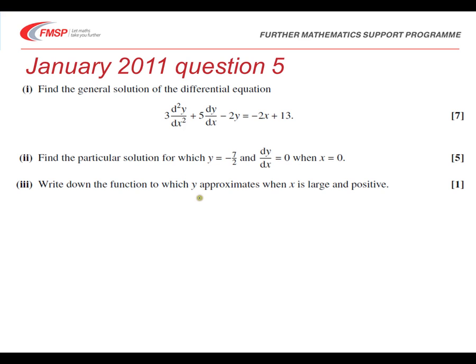So let's start off then by saying we're going to find our complementary function by solving when this is equal to 0, and we're going to start with an auxiliary equation in part 1 here. So I'm going to start by solving the auxiliary equation, which is the equivalent quadratic equation to this differential equation, which is 3 lots of the squared term, 3 lambda squared, plus 5 lots of the constant term, minus 2 equals 0. And this should be a quadratic equation that's fairly easy to solve.